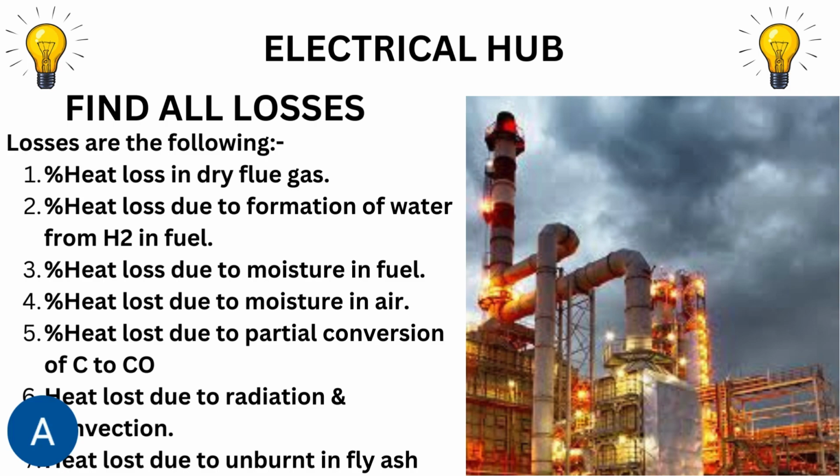Second is the percentage of the heat loss due to the formation of water from the H2 in the fuel, percentage of heat loss due to the moisture in the fuel, percentage of heat loss due to the moisture in the air, percentage of the heat loss due to partial conversion of C to CO, and the heat loss due to the radiation and the convection, and finally the heat loss due to the unburnt in the fly ash. So we will have to evaluate all the seven types of the losses in the indirect method. So we will evaluate it step by step.